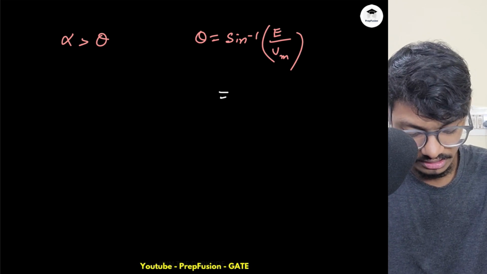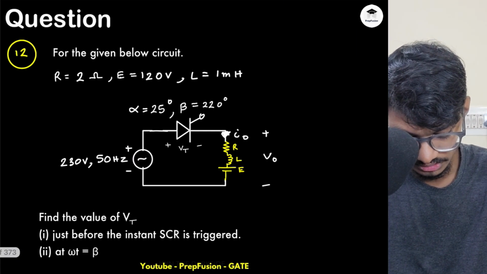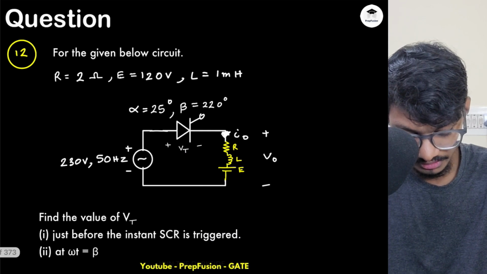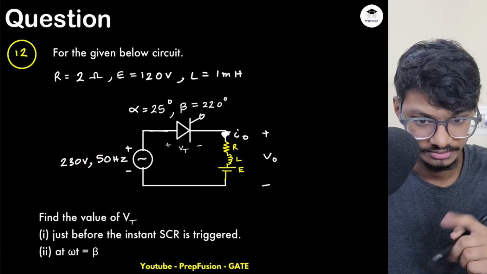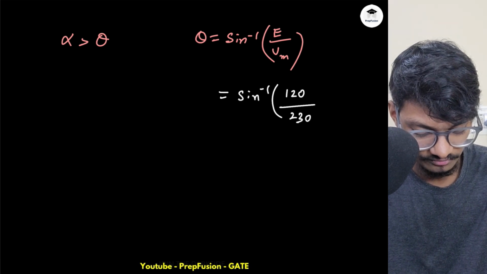So what is my E? E is 120 volts. And what is my Vm? Vm is not 230, you will not make that mistake. Vm is 230 root 2, because V RMS is 230.